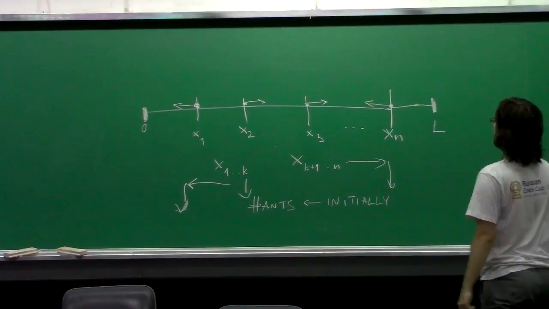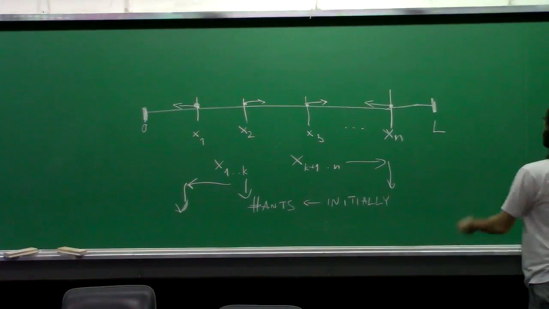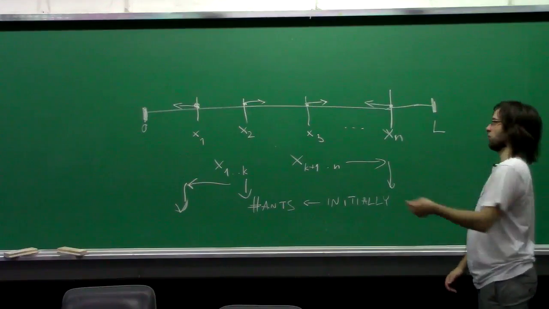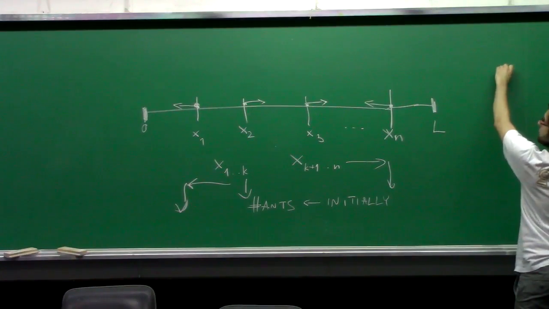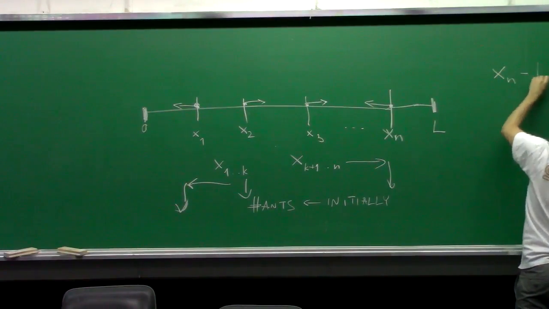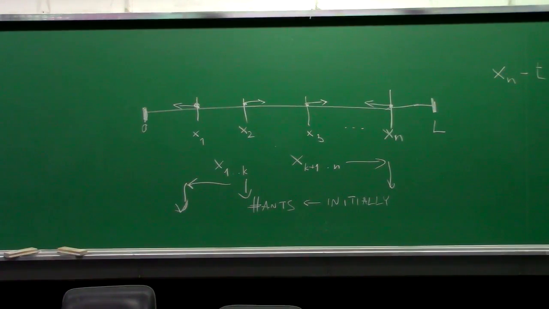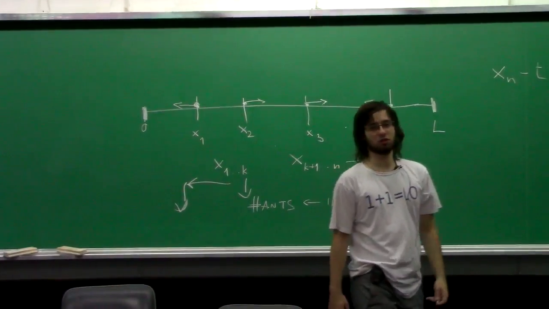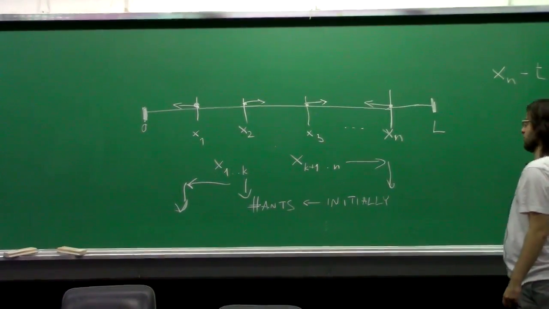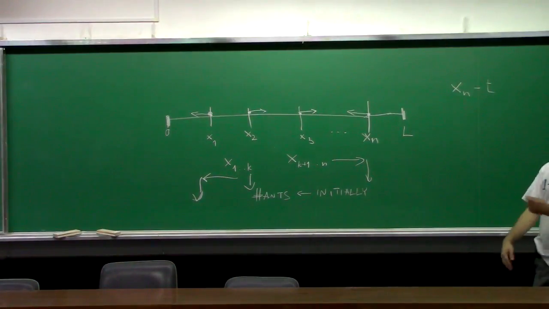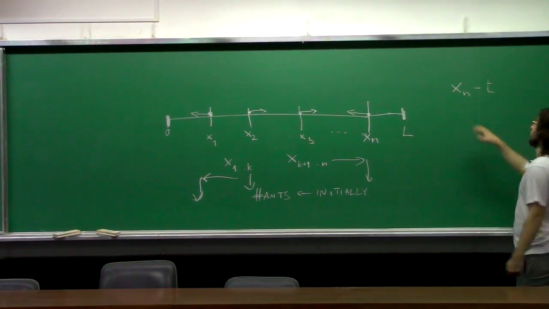If ant n was moving to the left initially, then the position of the last ant that moves to the left, whatever the index of this ant is, at time t is equal to xn minus t. So if the left end of the wood is at position 0, then the time when the position of the last ant that moves to the left becomes 0, so that ant drops down, is equal to xn.